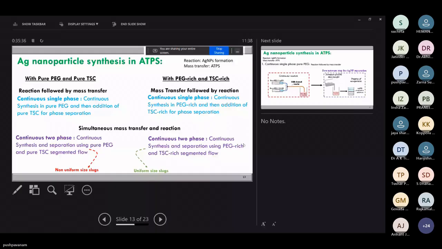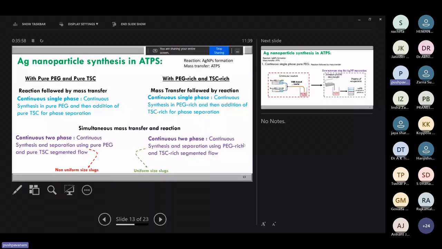Okay, synthesis in pure PEG, and then adding the pure TSC for phase separation, because I'm adding the pure TSC to get two phases. Okay, and this is one way, that is, I do the synthesis in single phase and then I do the mass transfer.